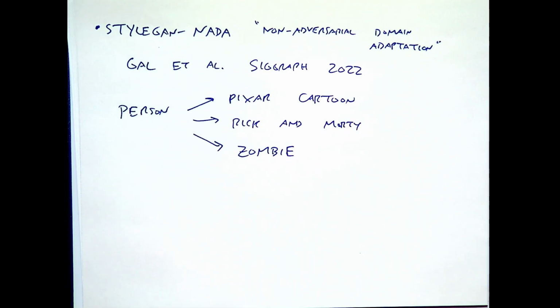You've seen this kind of thing in apps and image filters, and this is the underlying thing behind that. The cool thing is that you don't need any before and after examples of your transformation. I don't have to have an example that an artist has made of me as a Pixar cartoon. Instead, I have a bunch of examples of me and a bunch of examples of Pixar cartoons, and I basically turn me into the cartoon without having ever trained on that problem.